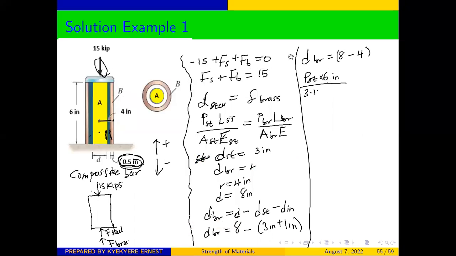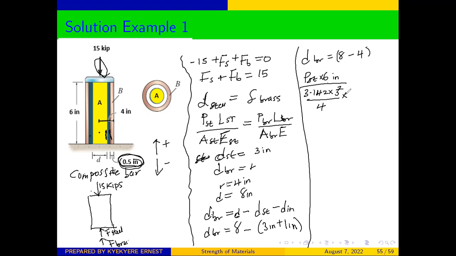The area will be equal to 3.142 times the diameter square, which is in this case 3 square, over 4 times the modulus of elasticity.